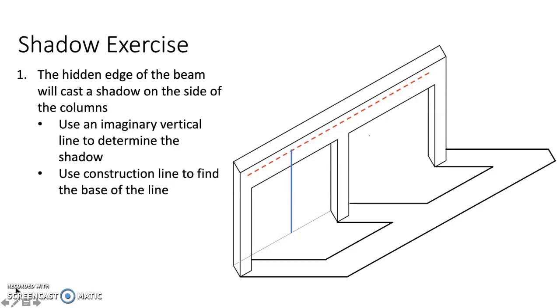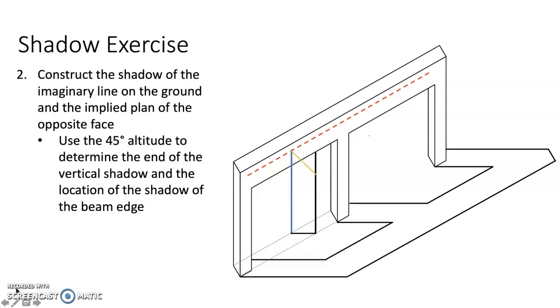You can pick any point along the beam to work from. We construct the imaginary line that would be in line with that edge on the ground to determine where that line would reach the ground.